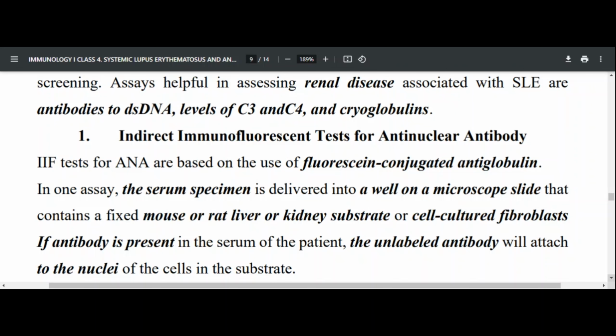Those antibodies in serum that we are going to detect are autoantibodies, in any autoimmune disease. Because they are not labeled or conjugated with fluorescence, they will attach to the nuclei of those cells in the substrate. That's what will happen.